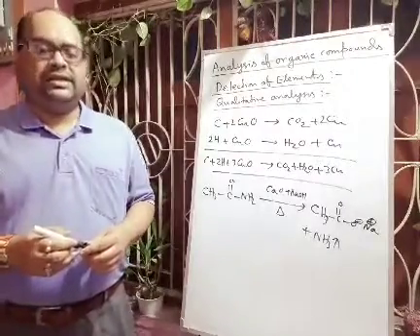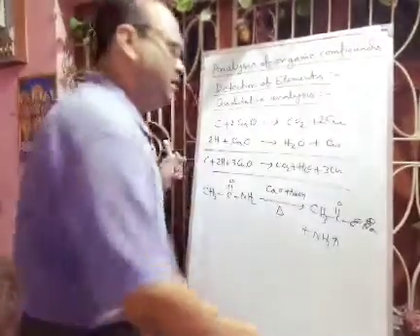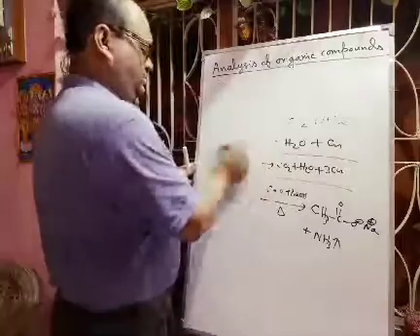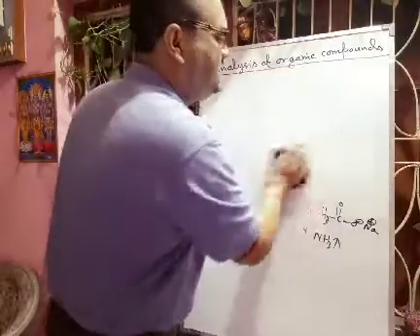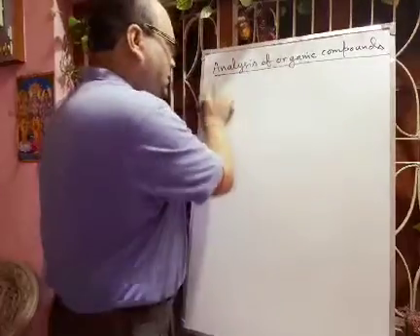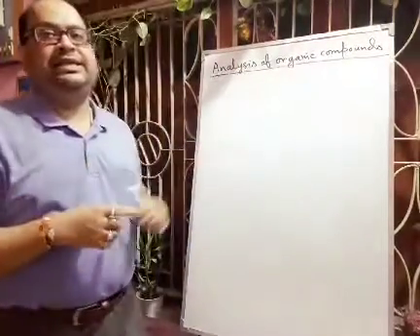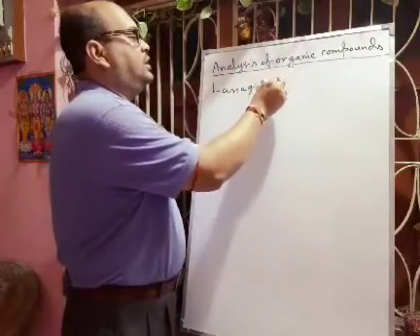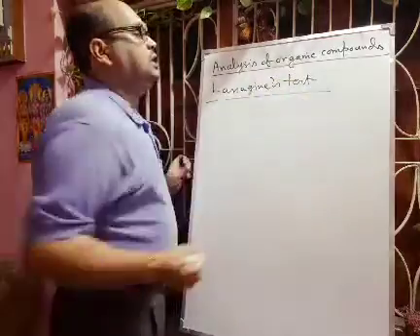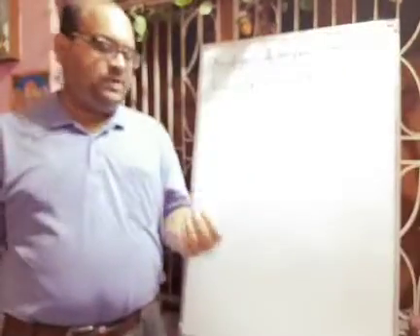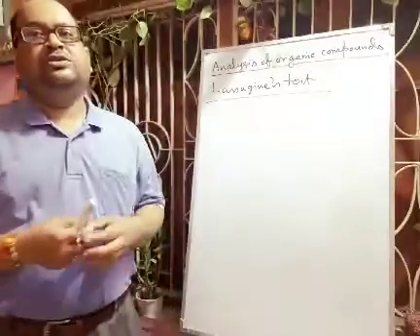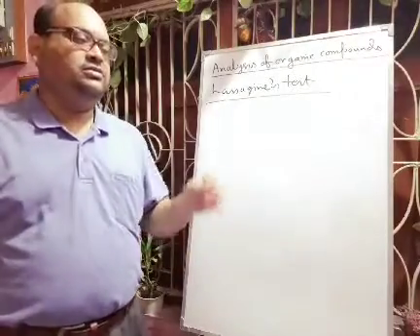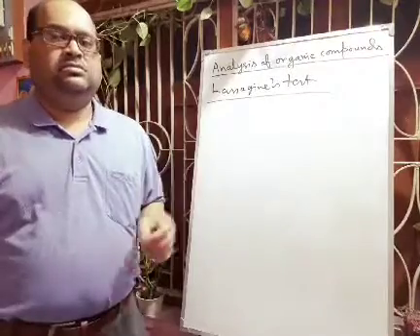Another very good test is there, that we generally do at the honors level, in the chemistry honors level syllabus, that is the Lassaigne test. So what we are doing here: a very small piece of sodium you have to take in a fusion tube, and a pinch of organic sample you have to add to this sodium metal.